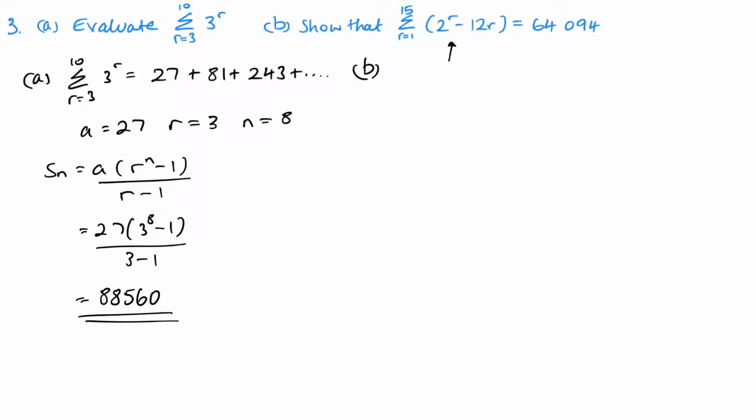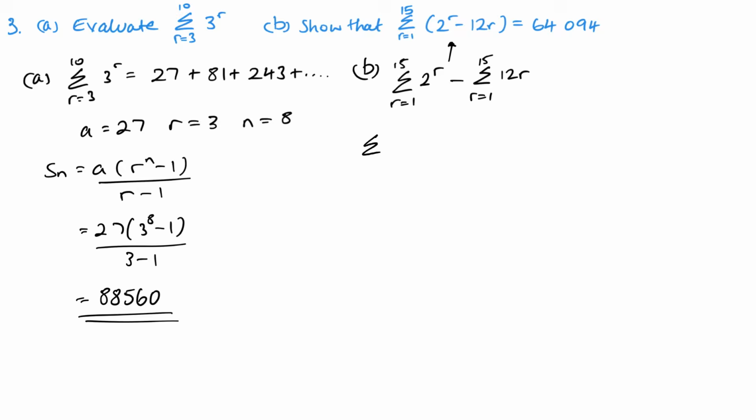I can split this up into the sum of 2 to the power r minus the sum of 12r. And doing it this way is going to give me two series where one is geometric and one is arithmetic.